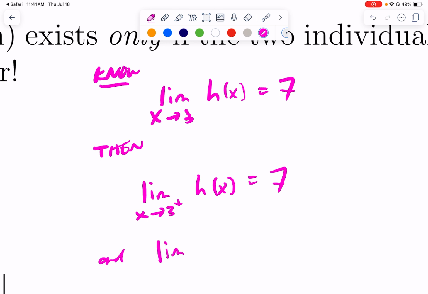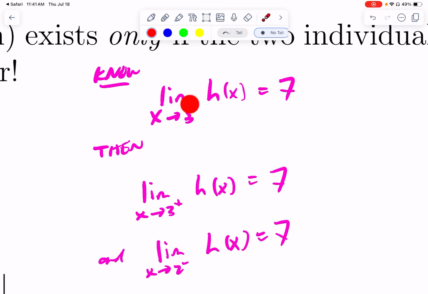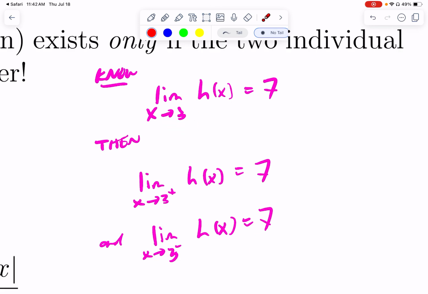And if I'm approaching it from the negative side, I must get 7. Here, if there's no direction specified, it means from either direction we get the same answer. As long as you're approaching 3, y is getting close to 7. Approaching from the positive side, that's 7. Approaching from the negative side, that's 7. If we don't specify a direction, it means both directions give us the same thing.